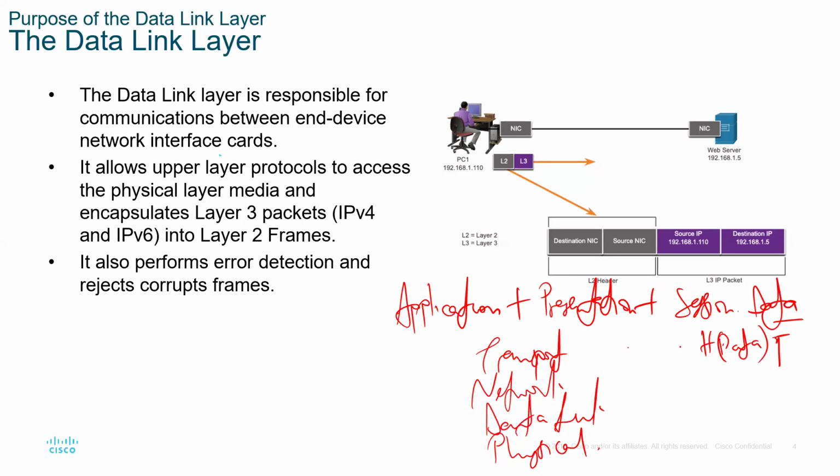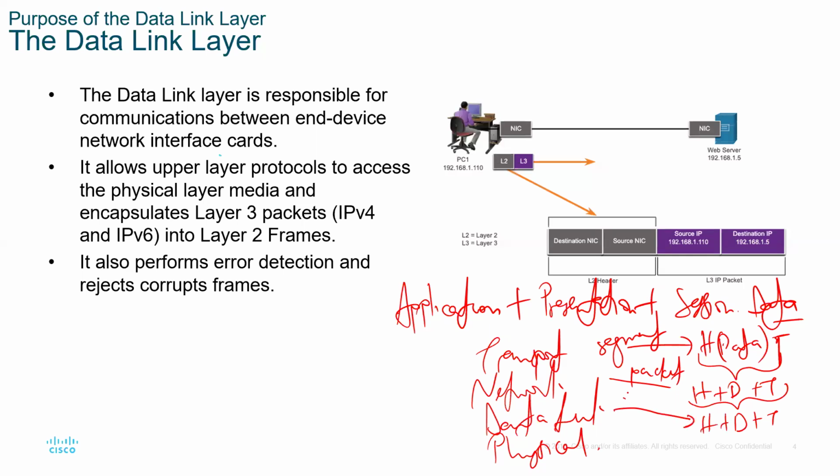This becomes a segment in the transport layer. This becomes the data. We add a header plus a trailer. This is now a packet. This now becomes the data. We add a trailer and a header. We are now at this layer. This now becomes the frame.